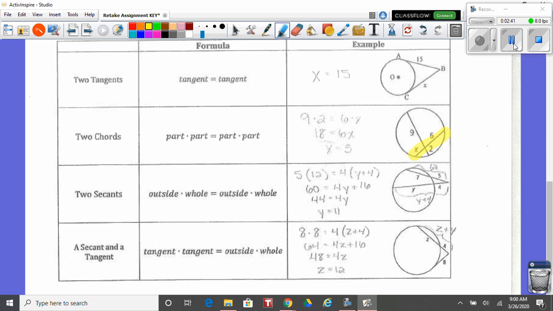So here, that chord highlighted yellow, the part would be x, the other part would be 6. For the second one, it would be 2 and 9. And you are simply multiplying those together. So we would have 9 times 2 equals 6 times x, which once you simplify, you're going to get that x equals 3.